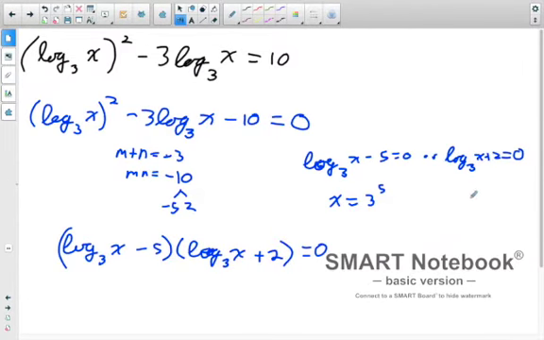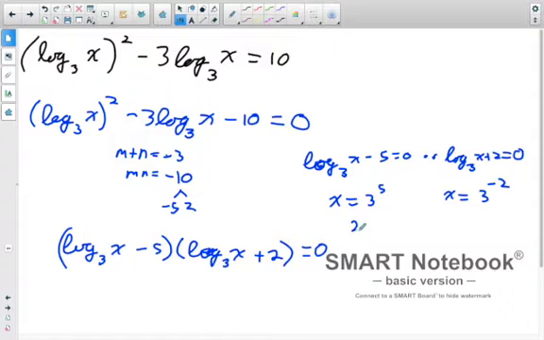In this second case, we are looking at x equals 3 to the negative 2. So our first case, 3 to the 5th is 3 to the 4th times 3, and 3 to the 4th is 81. 81 times 3 is 243.